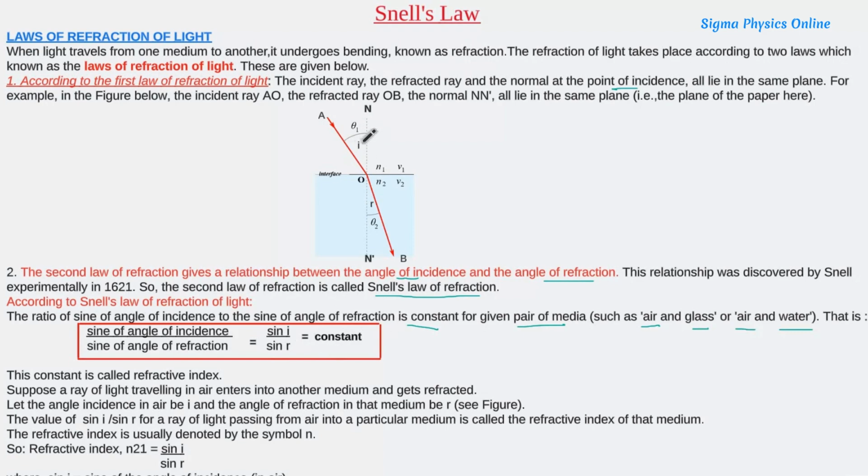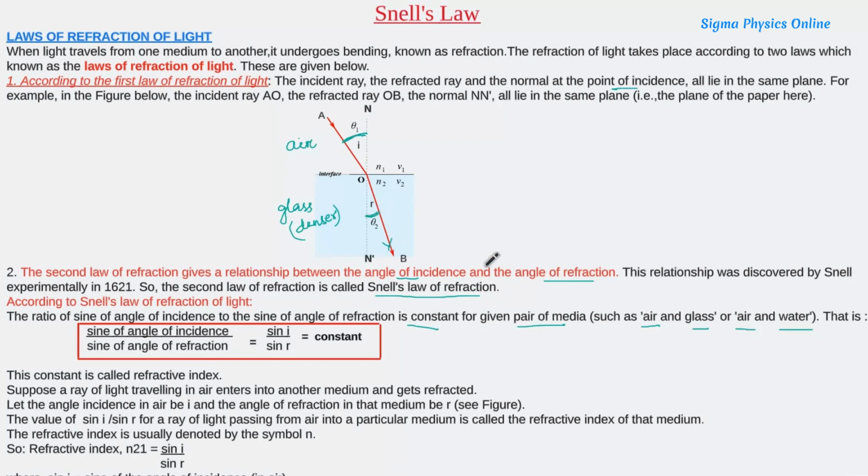Let's look at this diagram here. If this is the angle of incidence I and this is the angle of refraction R, let us assume that this is air medium and this is glass medium. Now, light is incident at the interface of the air and glass medium with some angle I. And after it enters the glass medium, since glass is a denser medium in comparison to air, the ray will bend towards the normal and it goes in this way.